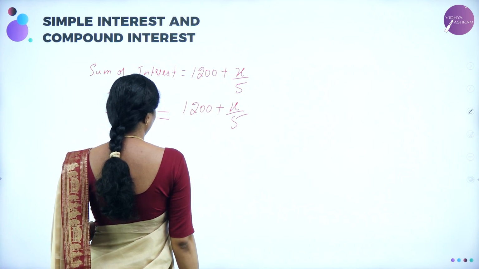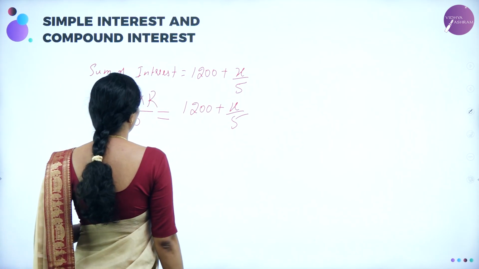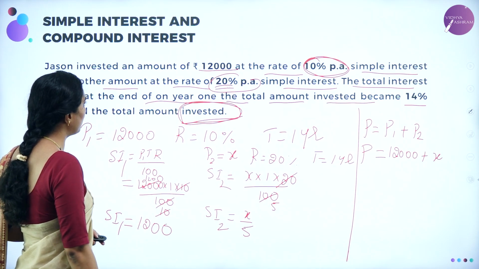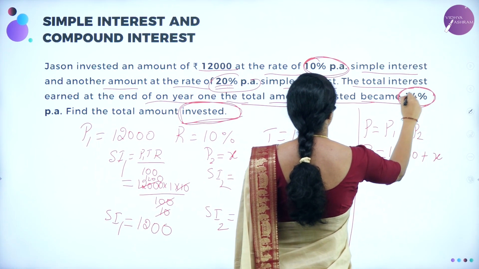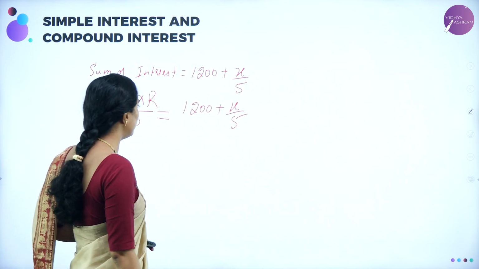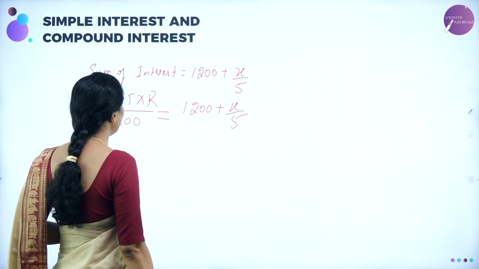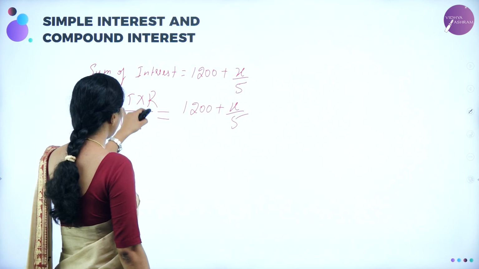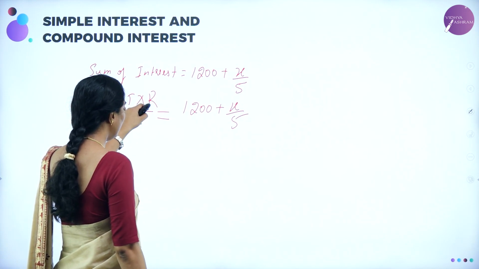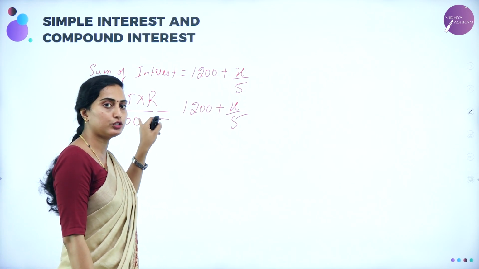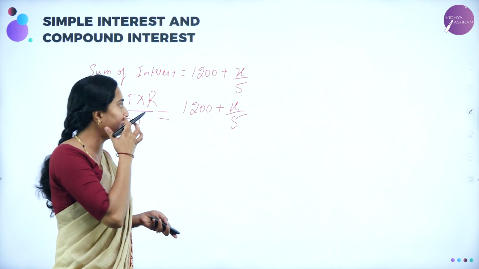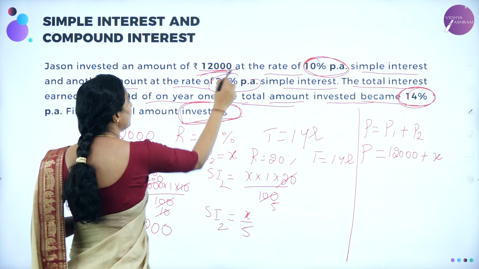What happens? See, the total amount invested becomes 14%. 14% means the rate of interest will be increased to 14%. So therefore, I can calculate here for the 14% of the same amount. What is the same amount? This amount, 12,000.